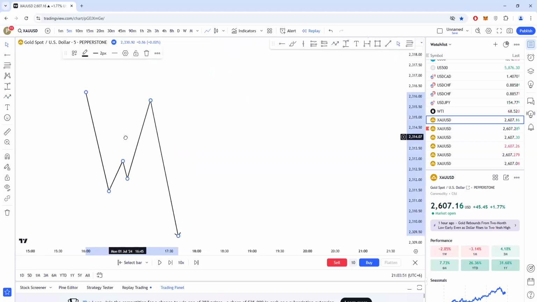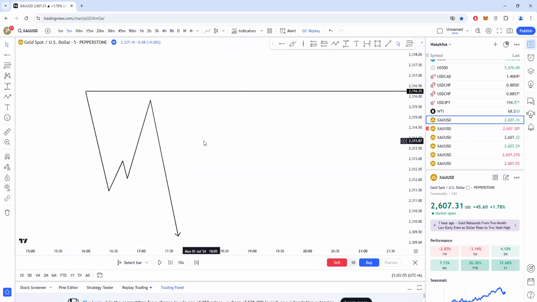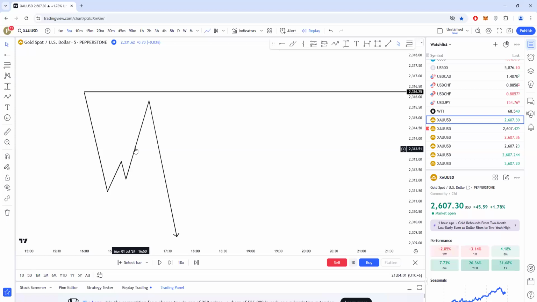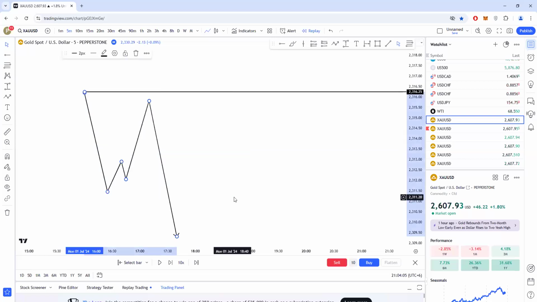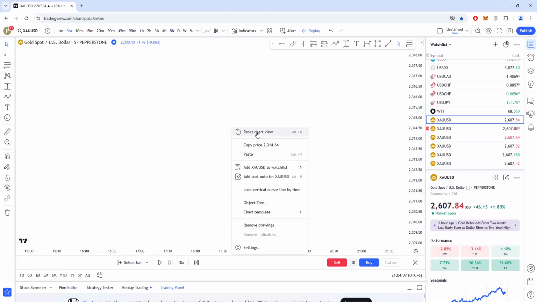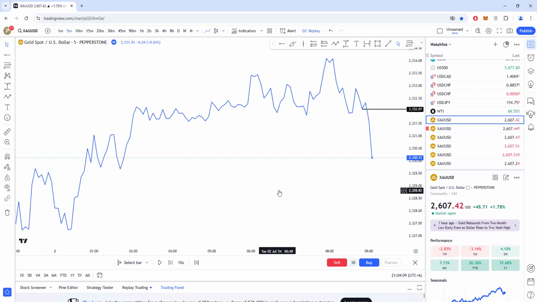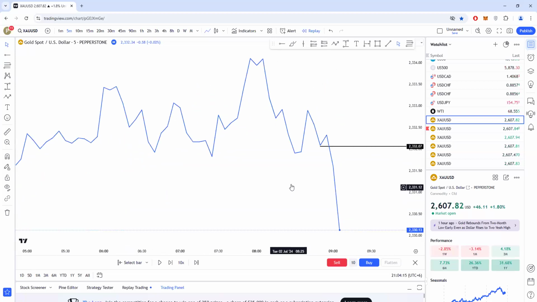Then it's not a W. Simple. We have to wait until the W is formed. Understood now? Okay. Anything else? Anyone else? Any question? No, sir. Okay.